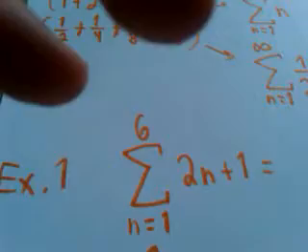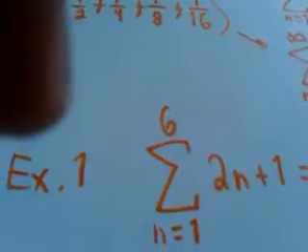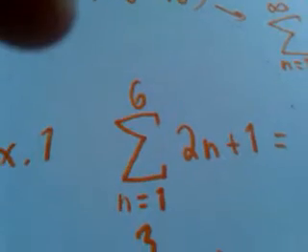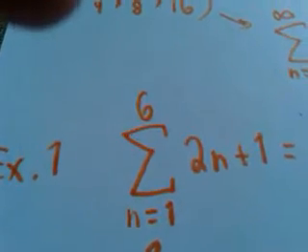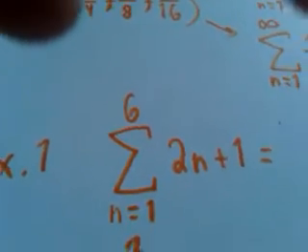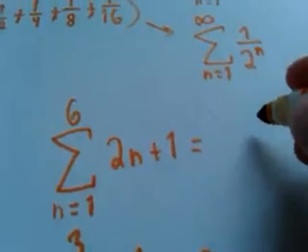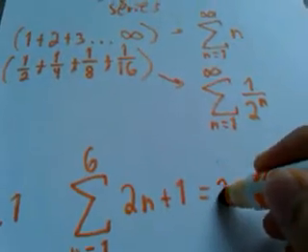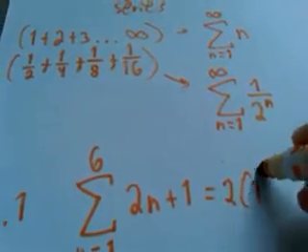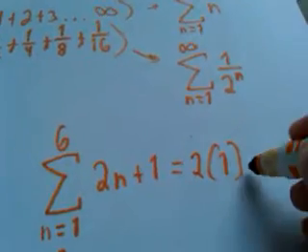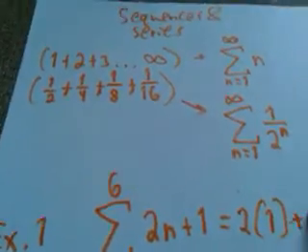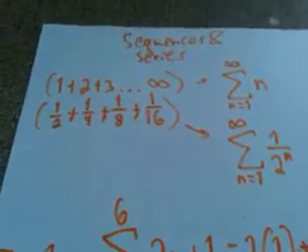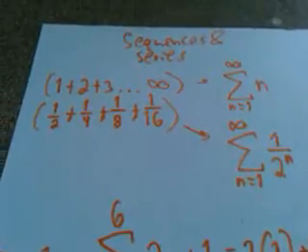So let's say we have this series here from n equals 1 to 6 of 2n plus 1. The way we'd start out doing this is we would do 2 times 1, because it's our first number, and then we add 1, and this gives us 2 times 1 is 2, plus 1 is 3.